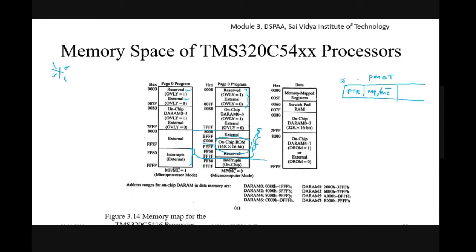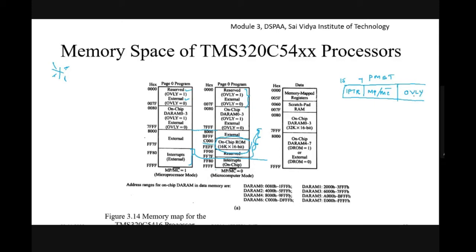This is bits 15 to 7, it is of 9 bit, IPTR is of 9 bit, but MP bar MC is of 1 bit. And next bit we will be having here is OVLY, that is overlay.